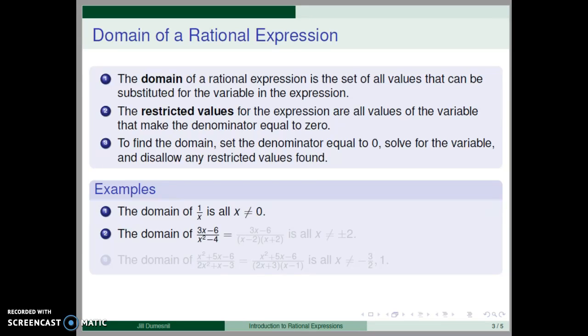In the second example, when we factor the denominator x squared minus 4 as x minus 2 times x plus 2, the restricted values become clear, and the domain is all x except plus and minus 2. Similarly, in our third example, it is hard to discern the restricted domain values until we factor the denominator. Then we can see that the domain is all x except -3/2 and 1.